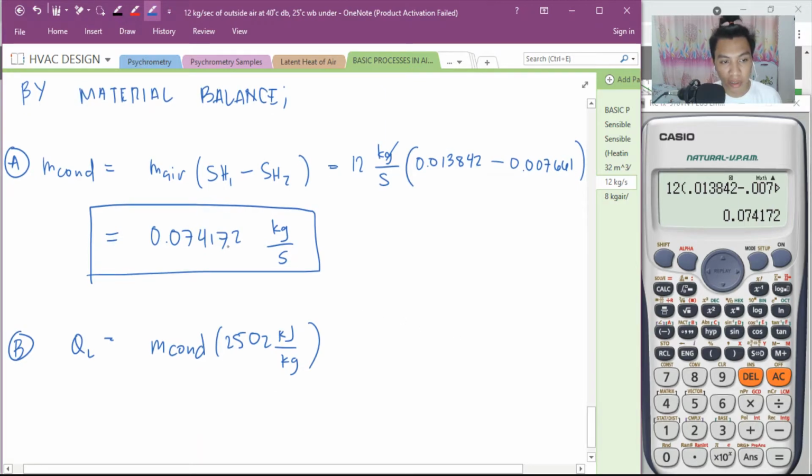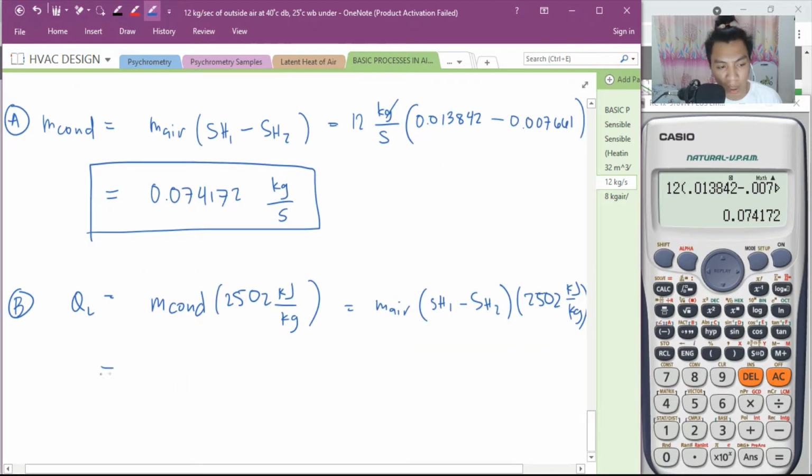Di ba equal din naman yun sa M nung air tapos SH1 minus SH2 multiplied to 2502 kilojoule per kilogram. Pero nahanap mo na nga. Pag nahanap mo na, wag mo na hanapin ulit. 0.074172 kilogram in every second nung condensate tapos 2502 kilojoule per kilogram. We cancel all the same units.